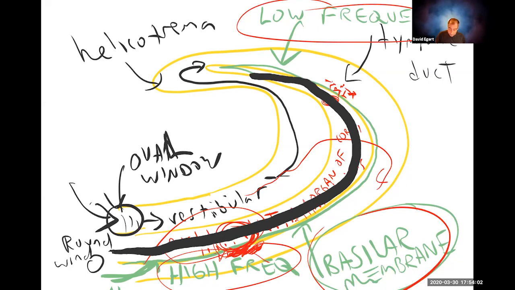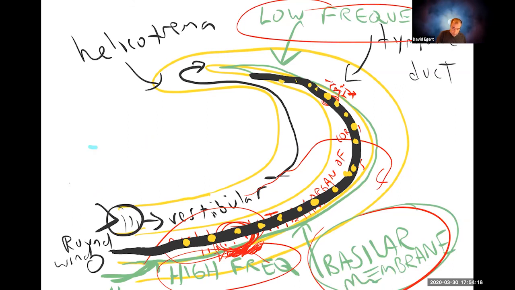And then you have electrodes that you can turn on at different regions along the way. So what I'm drawing now is what a cochlear implant would be.